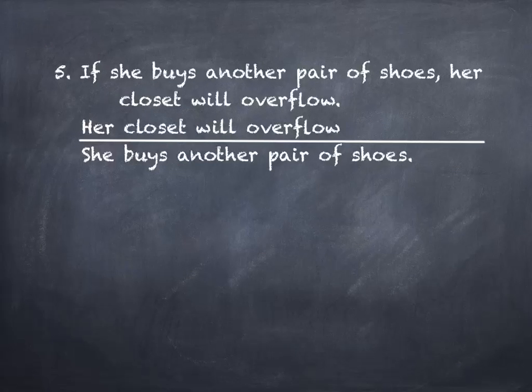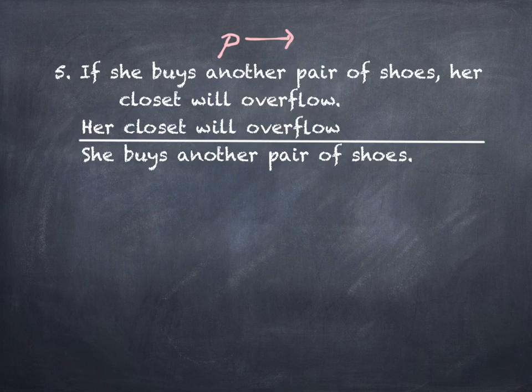Now, in honor of my mother-in-law, wonderful woman, has lots of shoes, we've got number 5. Number 5 says, if she buys another pair of shoes, her closet will overflow. Her closet will overflow, therefore, she buys, or maybe bought, another pair of shoes. So the first line says, if she buys another pair of shoes, so that can be P. If then, so I've got an arrow.